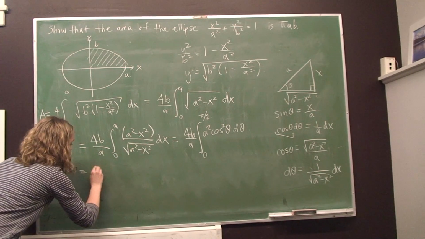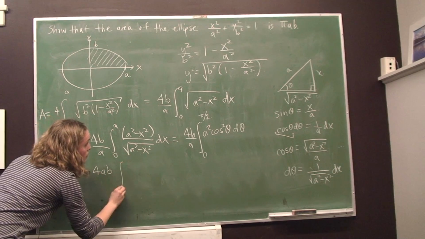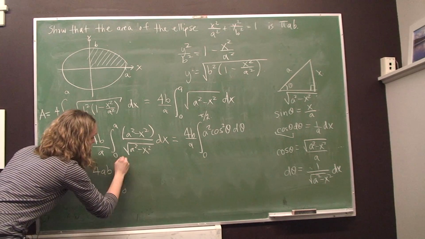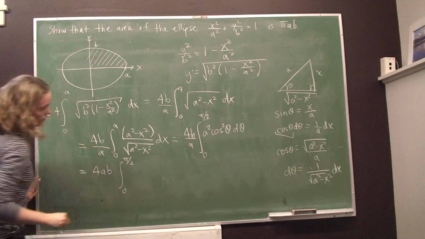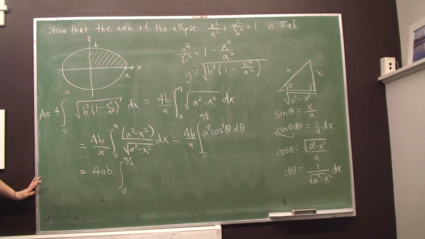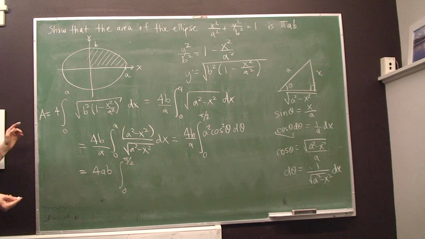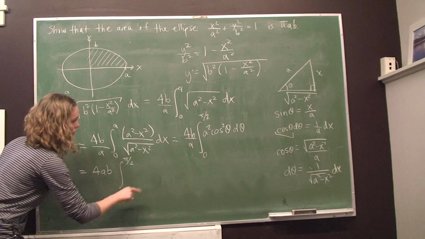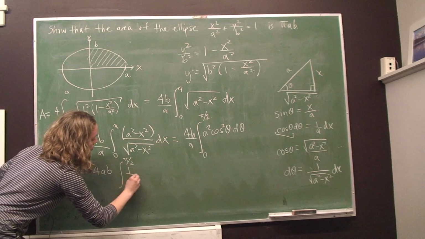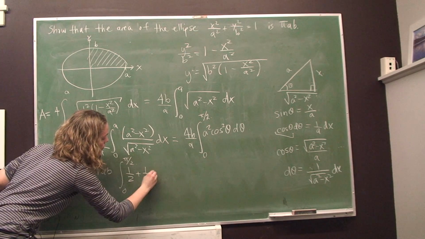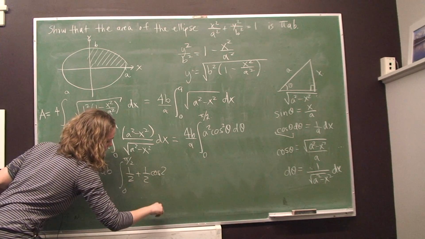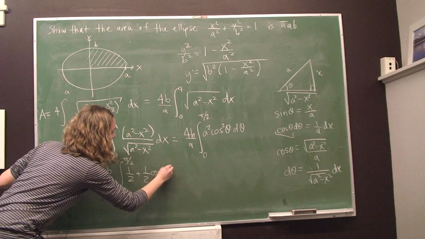Okay, so now we're going to calculate. That's going to be 4 times a times b times the integral from 0 to pi over 2 of cos squared theta. At this point, we want to use our half angle, or double angle, or whatever you want to call it, identity. So cos squared theta is a half plus 1/2 cosine of twice theta.